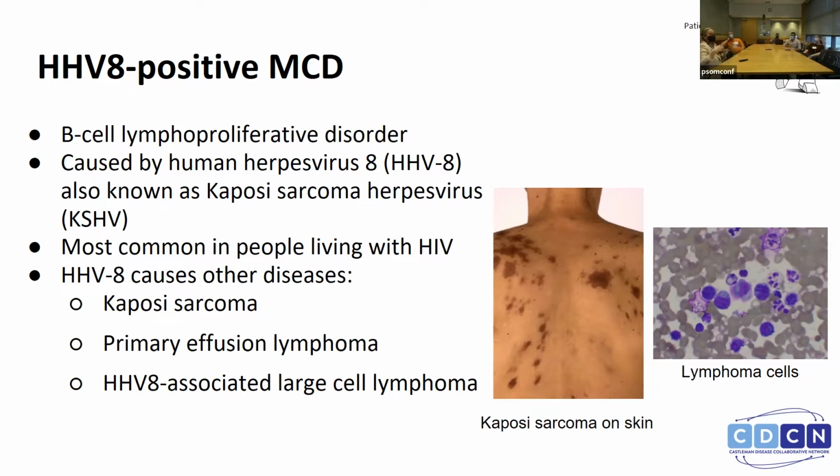But the rash, these sort of violaceous plaques on the skin, are what is most commonly seen. And I would say about 30 to 50% of people who have Castleman disease also have Kaposi sarcoma. So it's fairly common if you have this type of Castleman disease to also have Kaposi sarcoma.